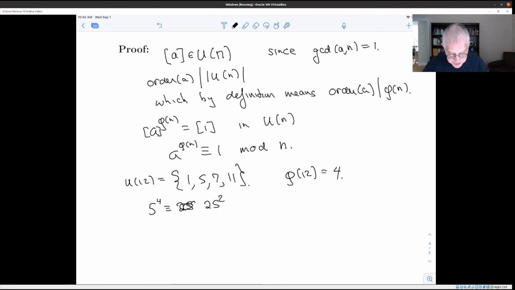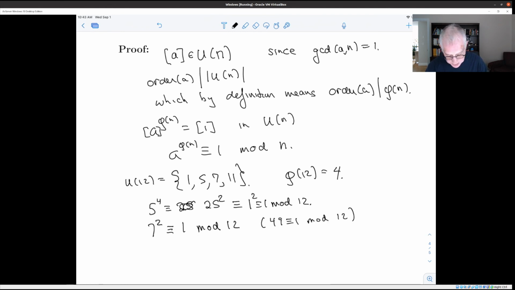But 25 is already congruent to 1 mod 12. So it's also true that 5 to the 4th is congruent to 1 mod 12, because actually 5 squared is already 1 mod 12. Similarly, 7 squared is 49, which is congruent to 1 mod 12.